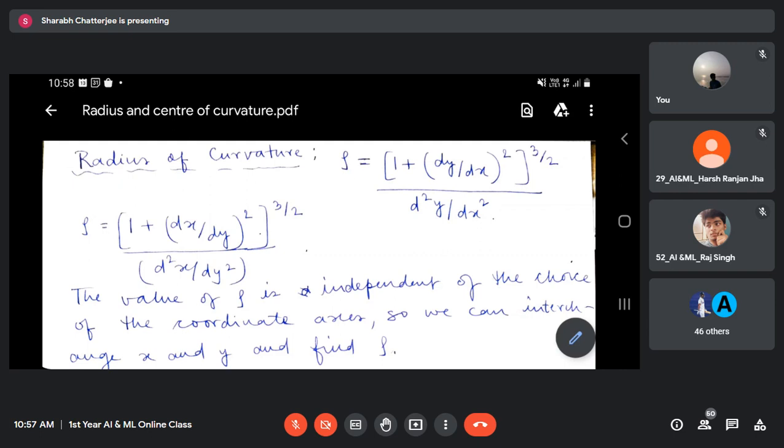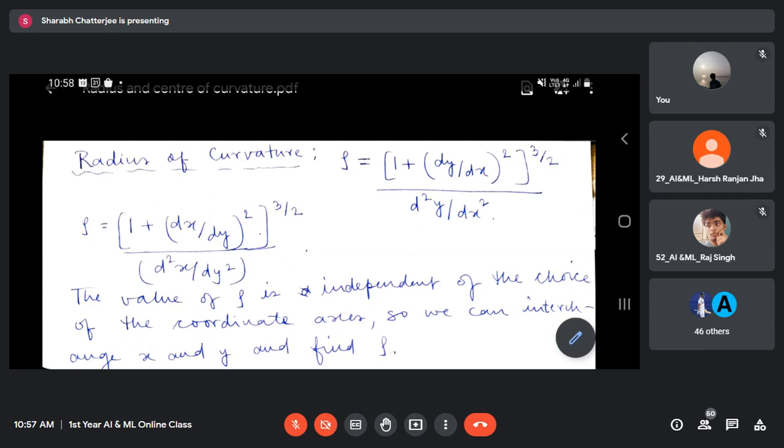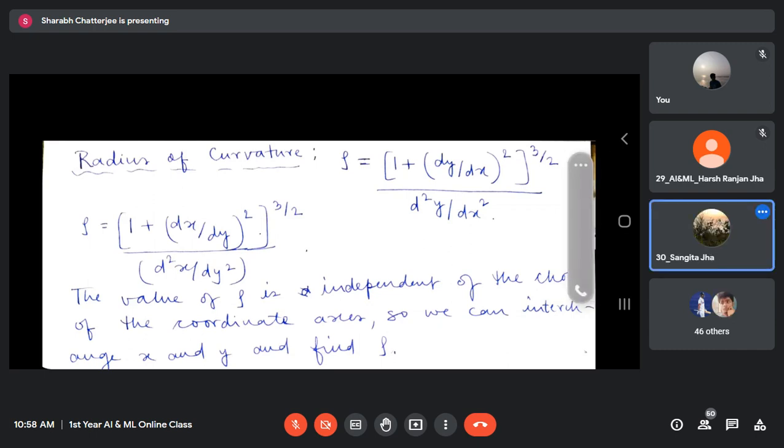Could you find? The answer is a/4 into 2 to the power 3/2, like that.